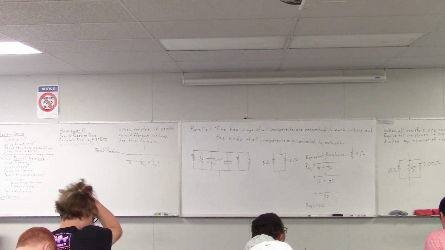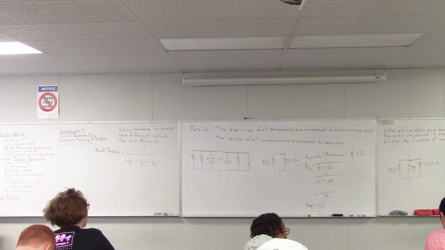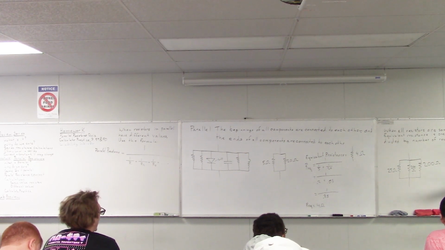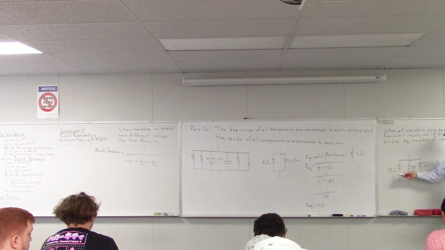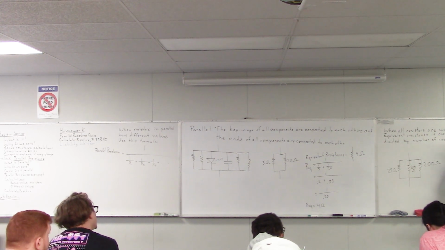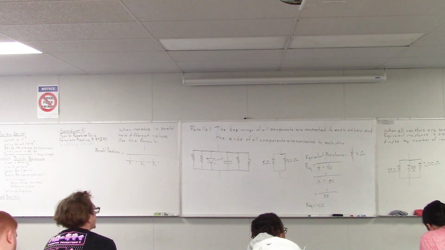And we know that our answer had better be less than a certain value. What had our answer better be less than? 25, because that's the smallest resistor in our circuit. So when we do our calculations, we better hope that our answer comes out to be less than 25. Otherwise, we've done something wrong. Okay?